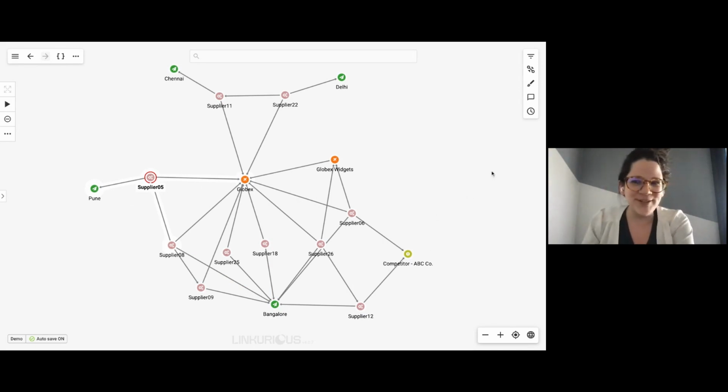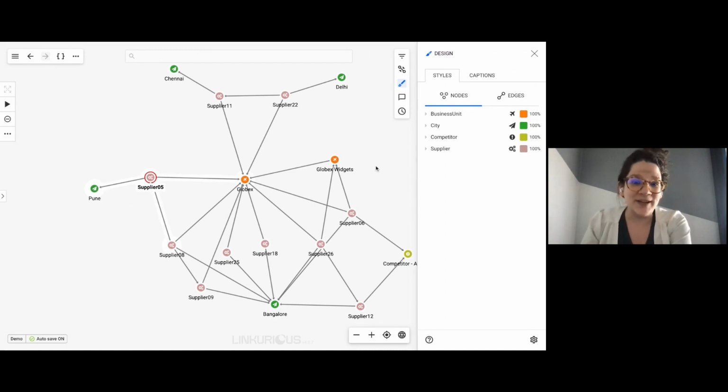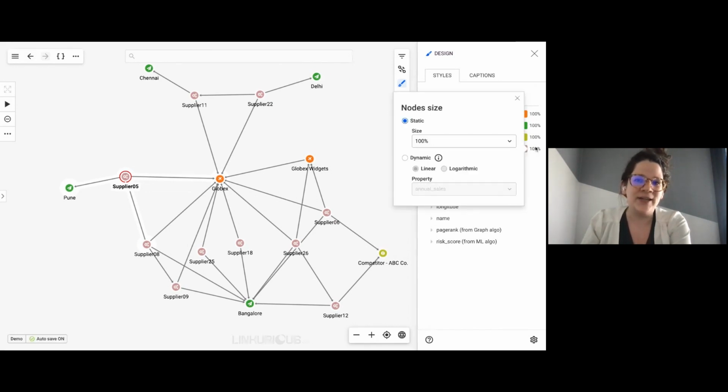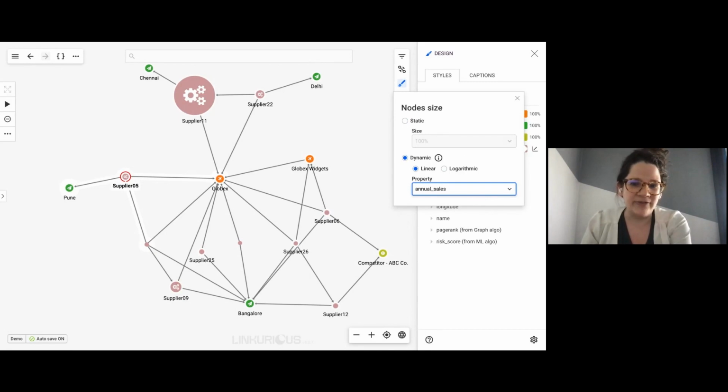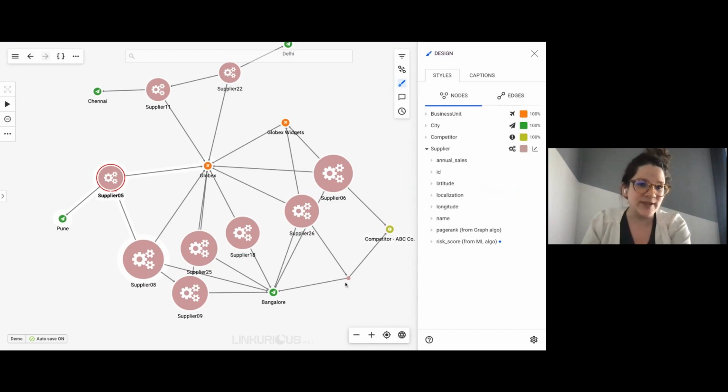So there's a couple ways to do that in Linkurious Enterprise. One would be to use dynamic sizing. So I can hop into the design panel and with the risk score, I'm going to dynamically size my nodes. So that basically means that based off of the property I have for my suppliers, I'm going to ask to size the nodes according to their risk score.